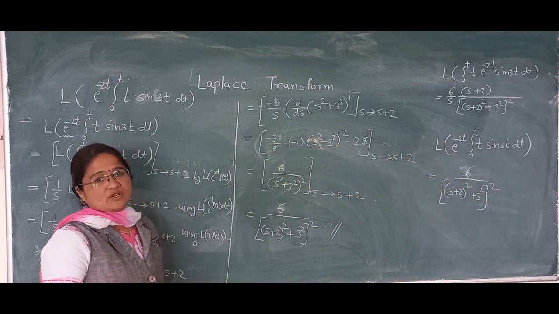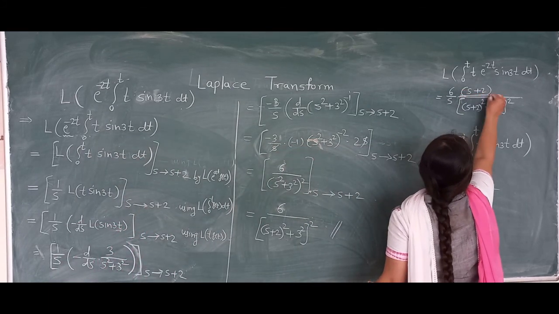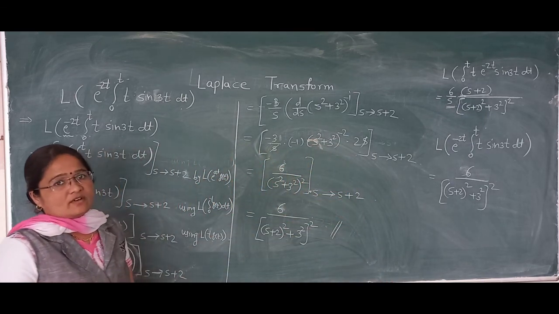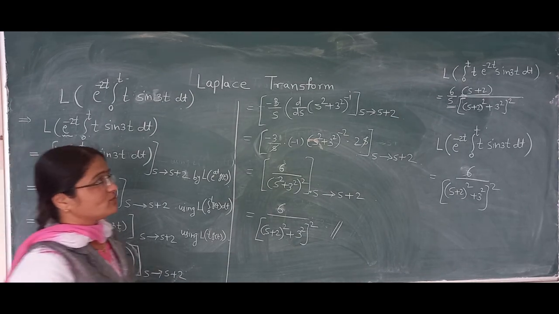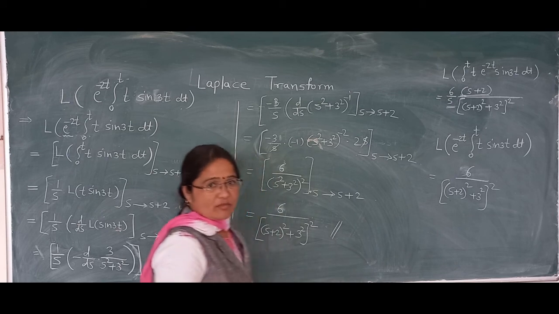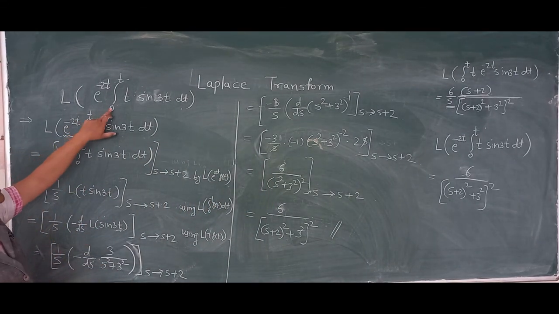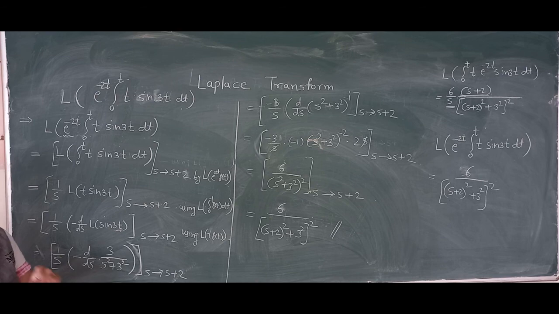Observe the change. Here the s plus 2 upon s term is not there. So a change of the position of the exponential will give you a change in your answer also, and therefore be careful about such types of examples where the position of integration, the position of exponential, and the position of t will give you a change in answer.